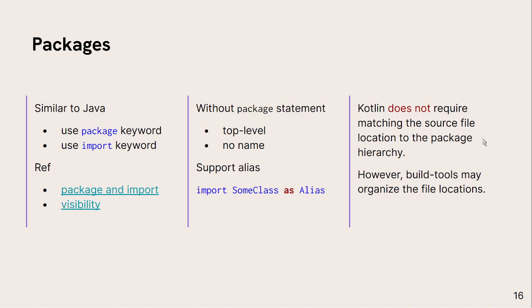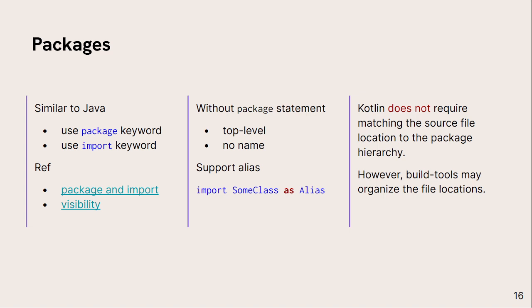The third point is that Kotlin does not require the source file location to match the package hierarchy. You may compare to Java. In Java, the files should be organized in a directory hierarchy that matches the package names.